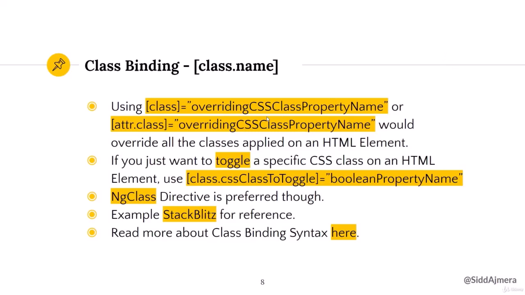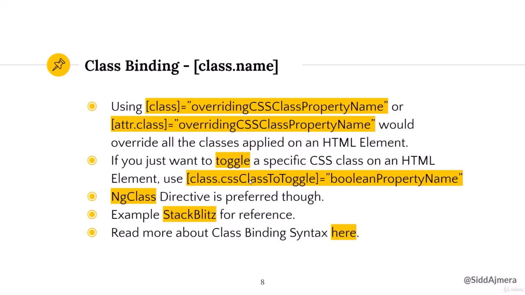But what this is going to do is it's going to override the previously set CSS classes onto our HTML element. And we might want to just toggle a specific CSS class without actually overriding the previously set CSS styles onto an HTML element. So to do that, we can use the class binding syntax.